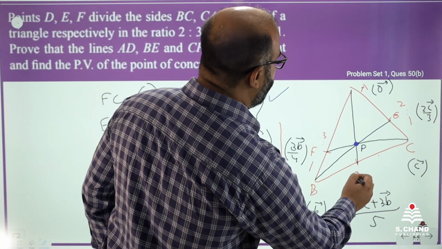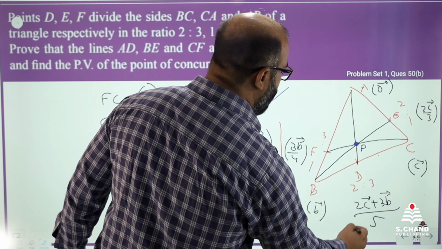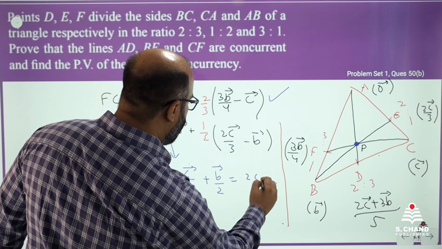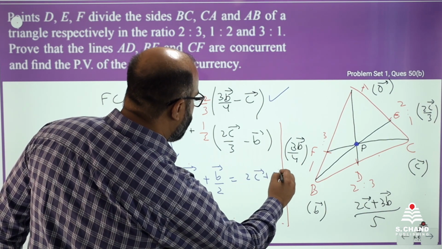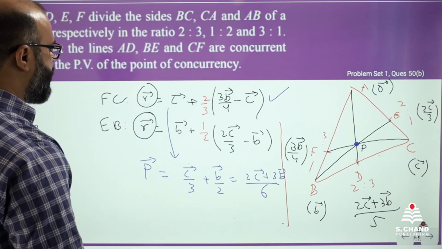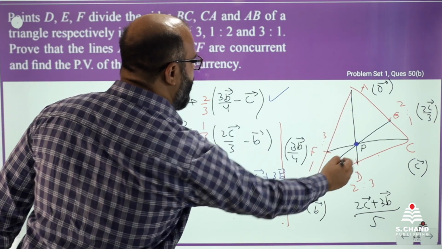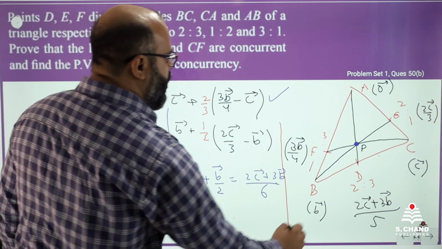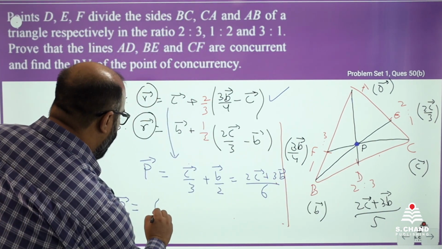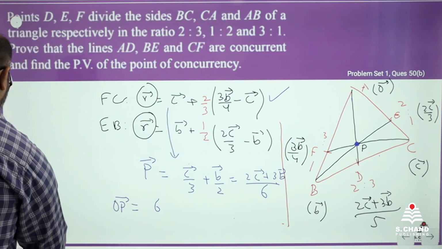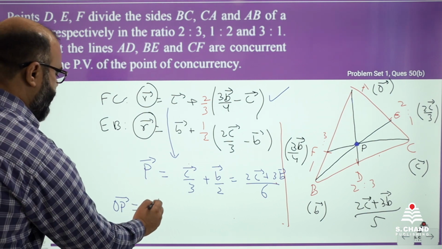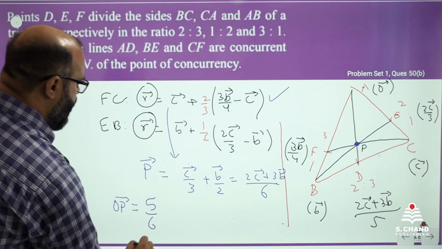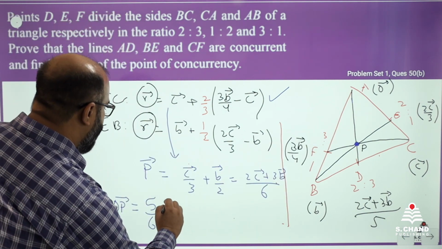If we take this D, it is 2C plus 3B by 5, and in fact this can be written as 2C plus 3B by 6. So it is quite clear that OP is actually not 6 by 5, but rather 5 by 6 of AD.